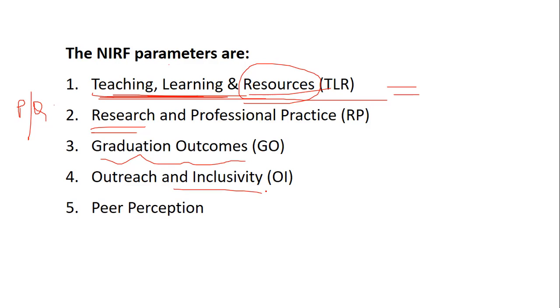Percentage of women, that is overall students, then females, economically and socially challenged students, physically challenged students, and the next one you have is perception, peer perception, that is nothing but the peers and employers.